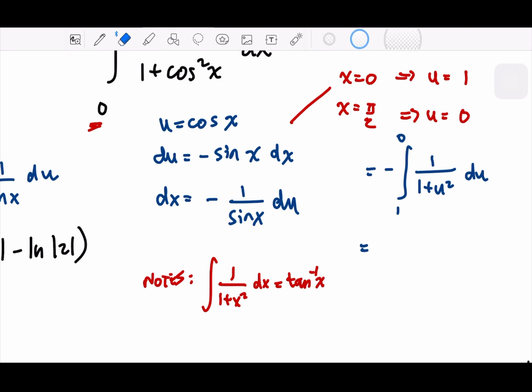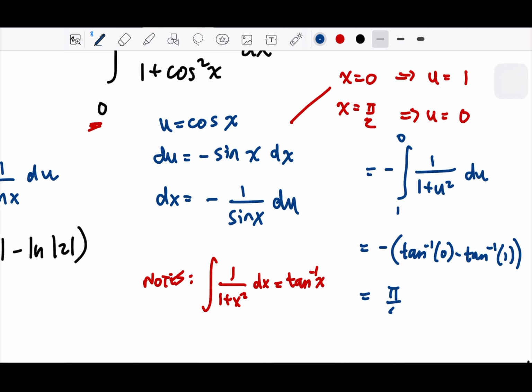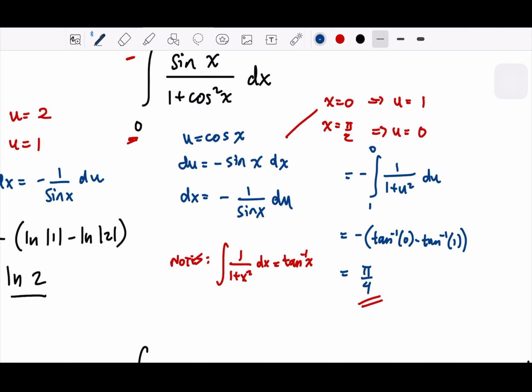So we take tangent inverse 0 minus tangent inverse 1. Tangent inverse 0 is just 0, and tangent inverse 1 is pi over 4. So minus pi over 4, with the minus sign, is positive, so pi over 4.